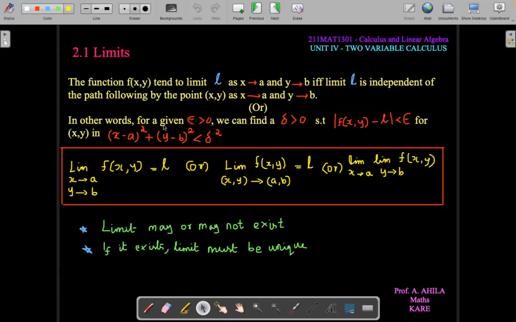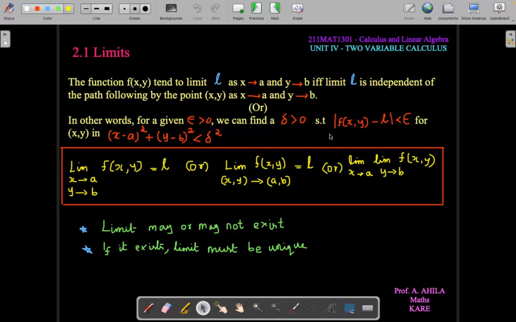So in other words, for a given epsilon greater than 0, we can find a delta greater than 0 such that modulus of f of x comma y minus L is less than epsilon for x comma y in (x minus a) whole square plus (y minus b) whole square less than delta square.